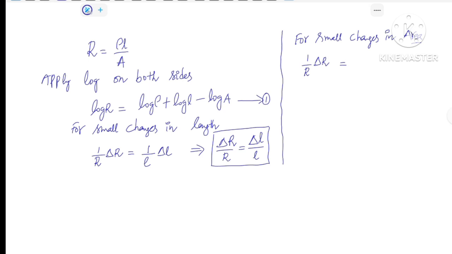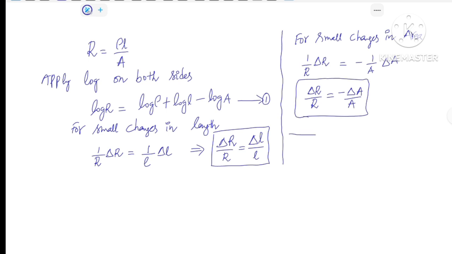That's why length is also constant, hence differentiation of log L is 0. Now for minus log A, the differentiation is minus 1 by A delta A. Now what we can understand, for small changes in area, delta R by R is equal to minus delta A by A.